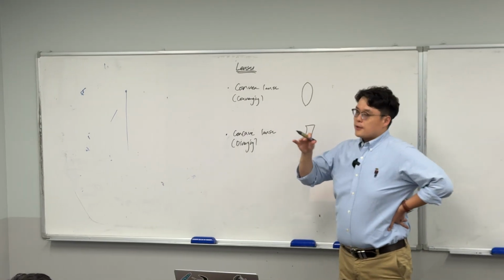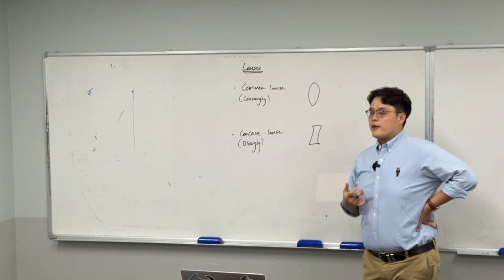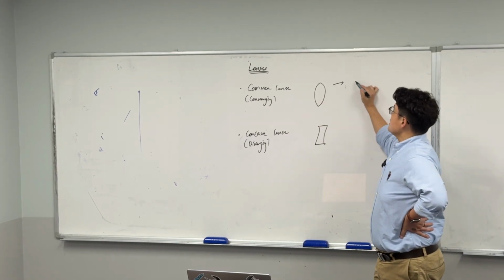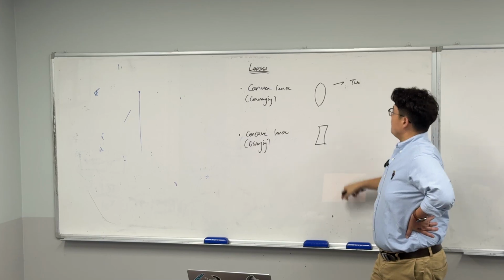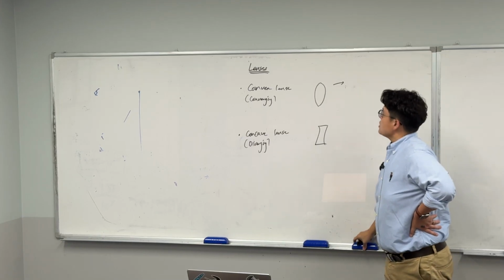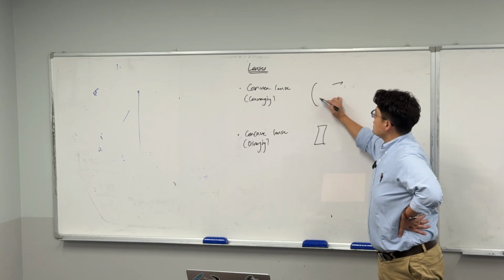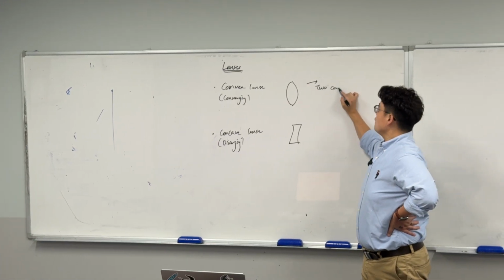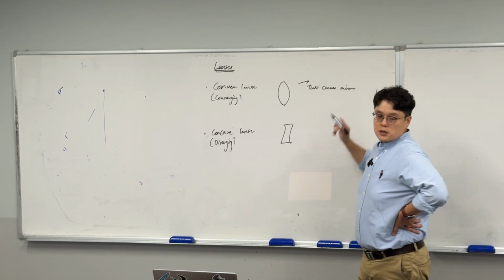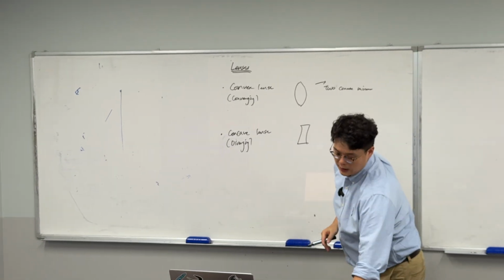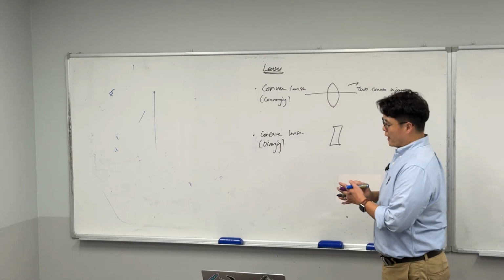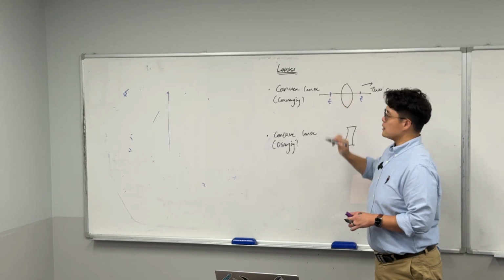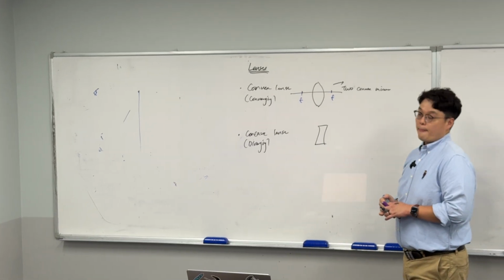To understand concave and convex lenses, try to think of them as two mirrors. It looks like a convex mirror with another mirror added, which means in this kind of ray diagram we have two focal points, one coming from here and one from here.